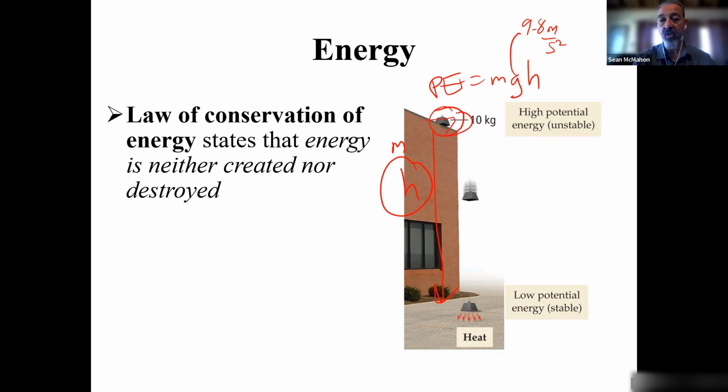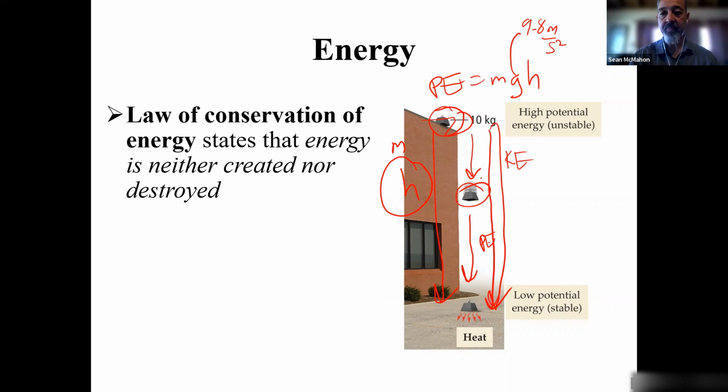If I push this over, and a lot of times, for potential energy to be converted to kinetic it needs some type of catalyst, it'll start moving and drop down to the ground. So at this moment in time, I've converted this much potential energy into movement, kinetic energy, and there would still be this much potential energy. When I go all the way to the ground, all that potential energy based on this distance has been converted to kinetic energy.